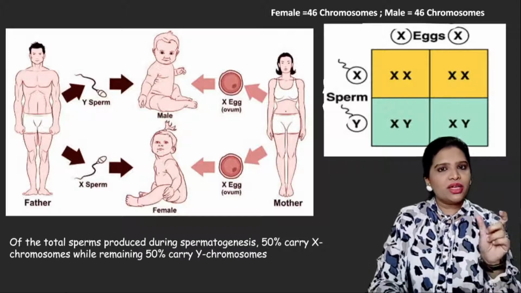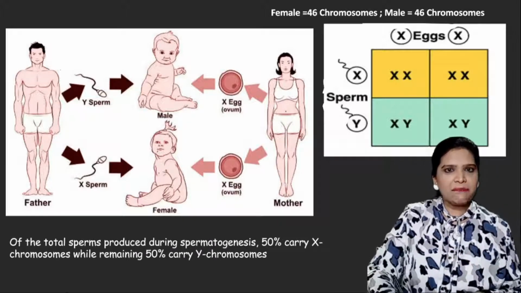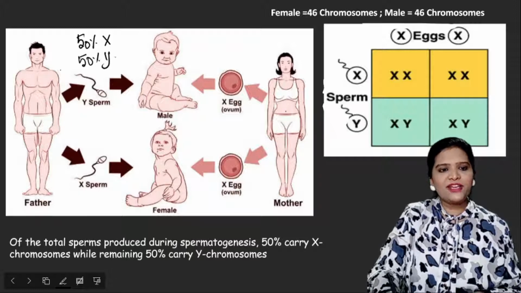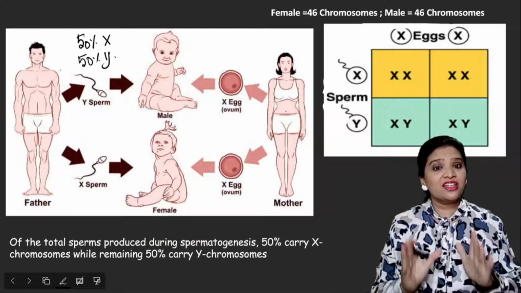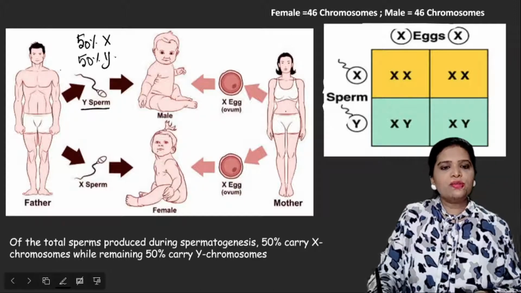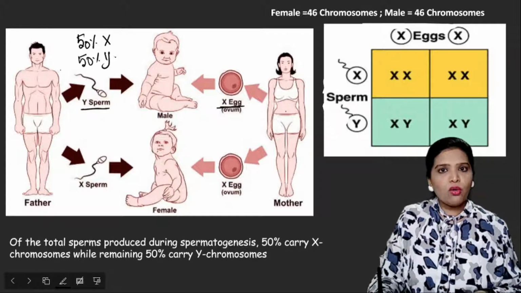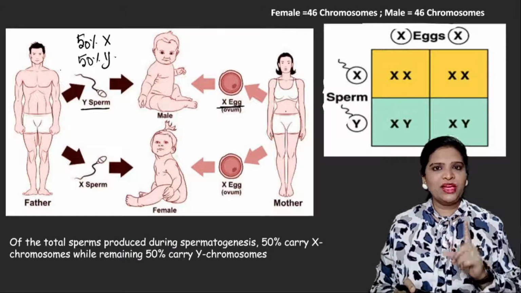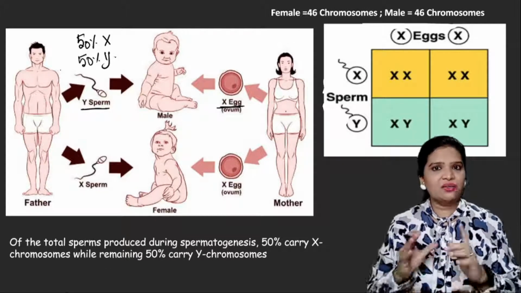So here, of the total sperms produced by the male, 50% of the sperm will have X chromosome and 50% of the sperm will have Y chromosome. 50% chances. Suppose the sperm with the Y chromosome unites with the egg, the ovum always having only one type of chromosome, that is X, we said, right?